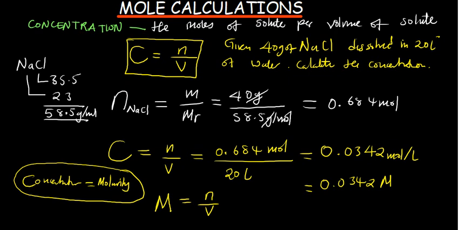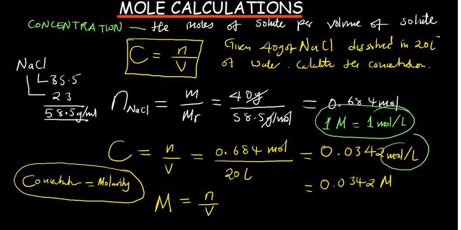We are saying that 1 molar is the same as 1 mole per liter. This is the meaning. Since where there is mole per liter, we can also use molar, it's the same thing. So this is how we are able to calculate concentration, and this is the formula for concentration.